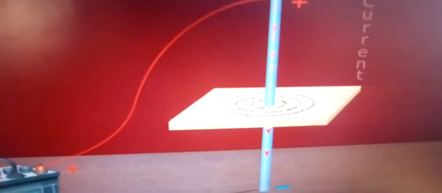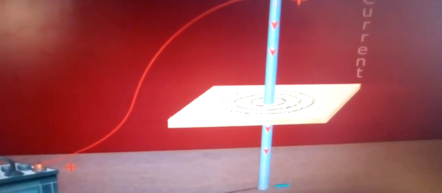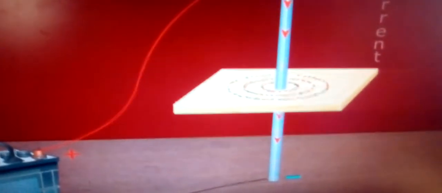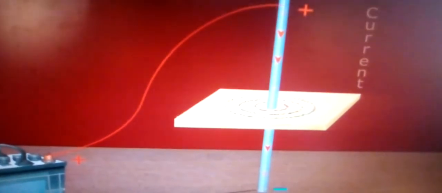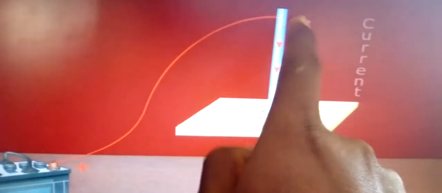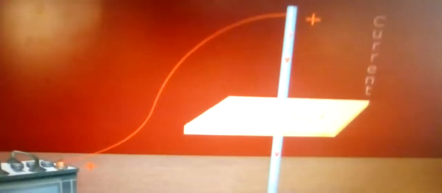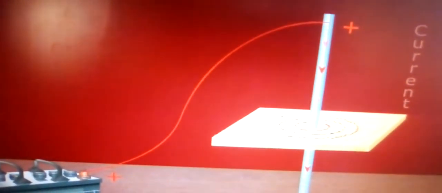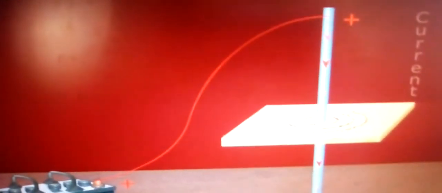We can also magnetize the magnet using the electrical method. Now this one shows that when current flows from the positive end to the negative end, we create a field around it, and this field created has similar properties to that of a magnet. You can see closely that a field is created around.